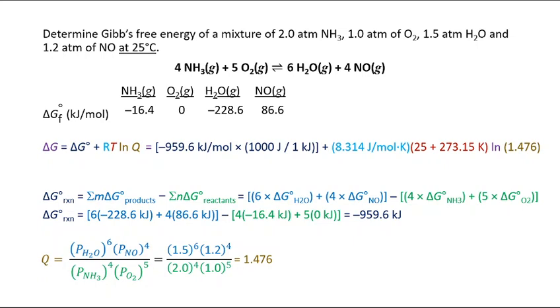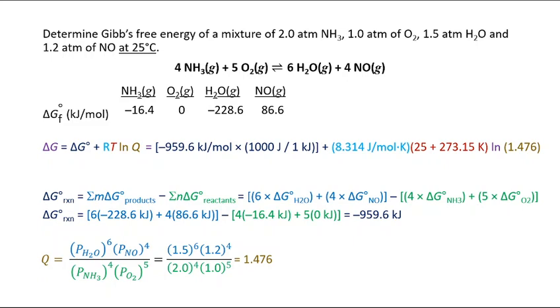And the other thing is similar to what we talked about previously. Your R is in terms of joules, so I converted my delta G into joules per mole before I did the calculations. You can switch it right back at the end, which I also do.